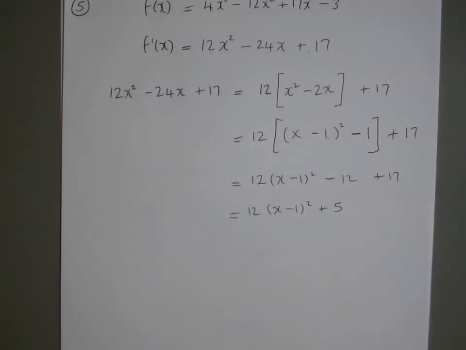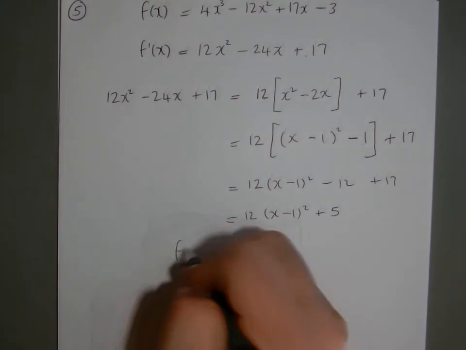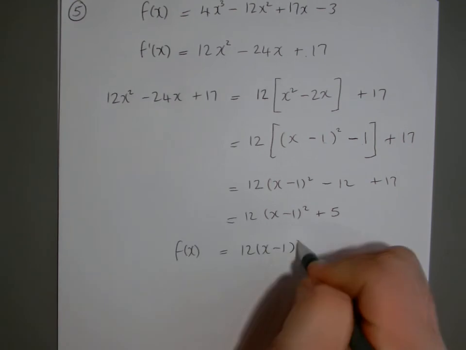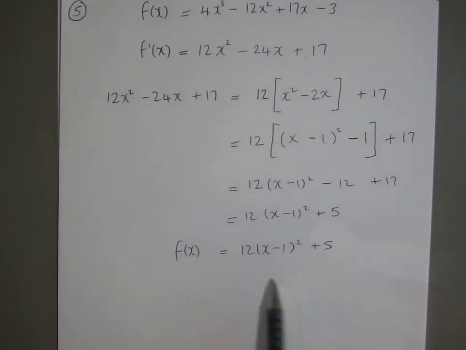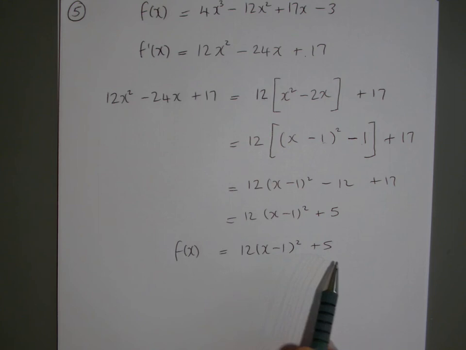Now I've completed the square and I've got my f of x to equal this, and this bit now is revealing to us, because this bit here is always got to be positive, isn't it? Because you're squaring that bracket, so it's positive. And of course then we're adding on 5, which makes it even more positive.